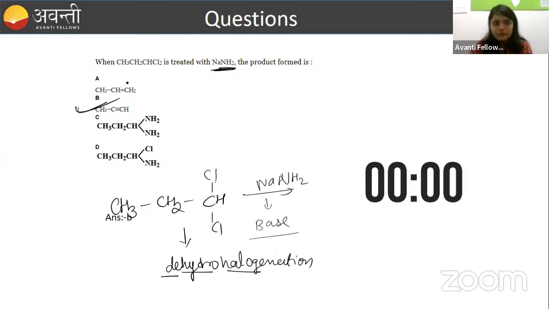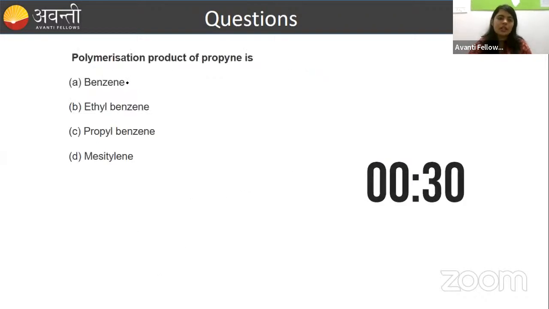Okay. Now next question. Polymerization product of propyne is. So we have seen the polymerization of ethylene. एसिटाइलिन गैस का पॉलीमराइजेशन हमने किया है C2H2 का. अभी आपको प्रोपाइन का पॉलीमराइजेशन करना है.